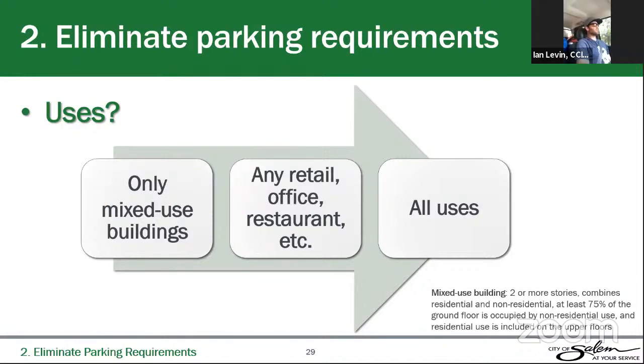So a couple of comments I wanted to provide on this topic about parking and reduction in development standards. And this is a really broad impacting subject to development.